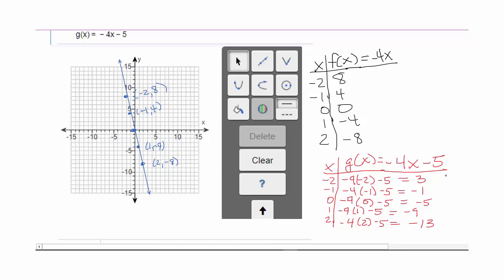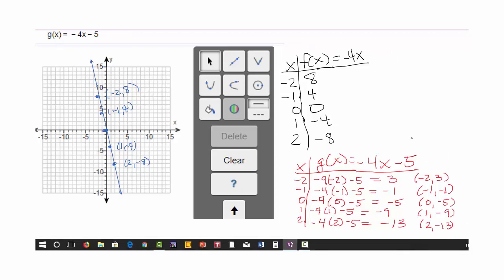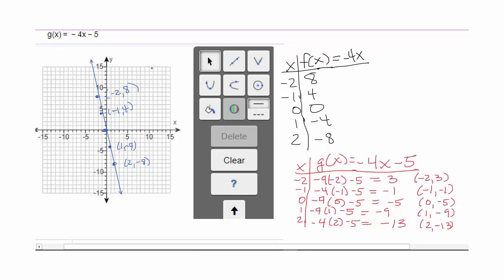All right, so just to be clear, what are we saying here? We're saying that our function g goes through the point -2, 3, the point -1, -1, the point 0, -5, the point 1, -9, and the point 2, -13. If you need to, you can pause the video and try and graph this on your own, and then resume the video so that you can be following along.